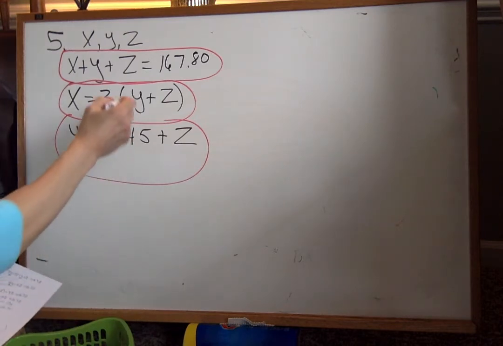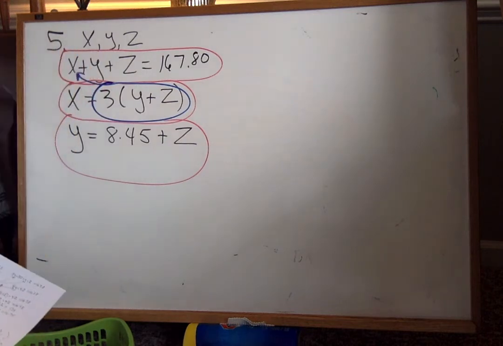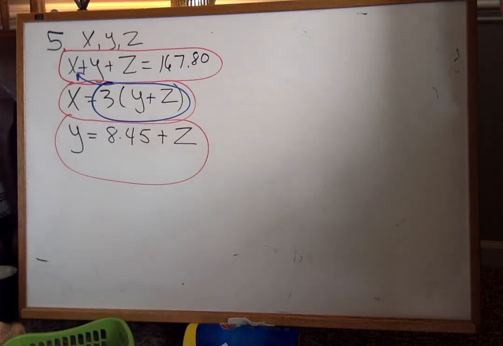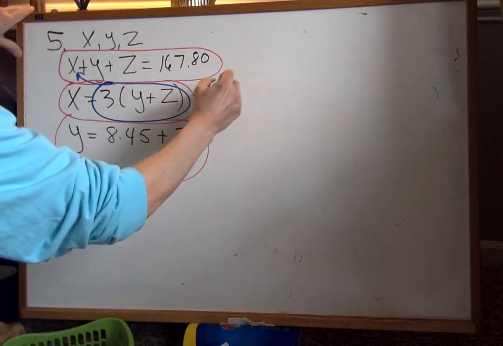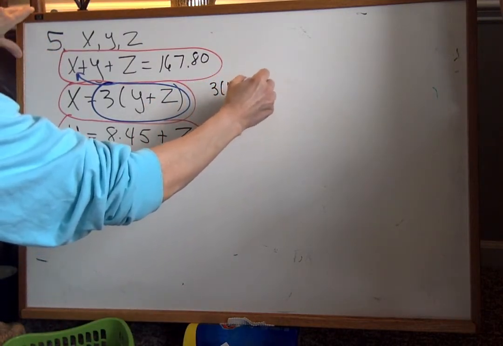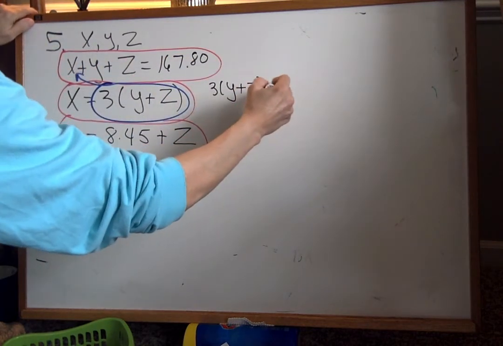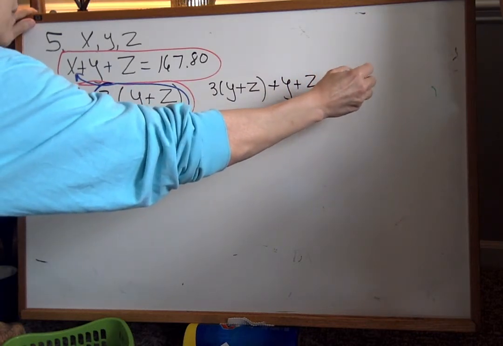All right, I see that I could put this in there, right? X equals, and that's just going to give me a bunch of Y's and Z's. Maybe I should mess with that for a second. Let's put that in here. 3y plus z, because that's my x, plus y plus z equals 167.80.